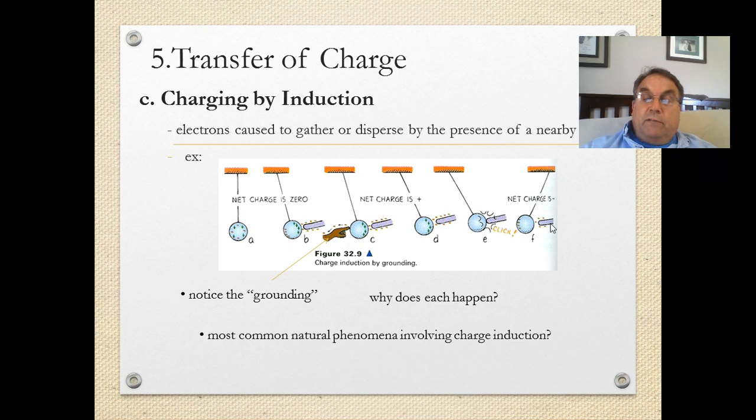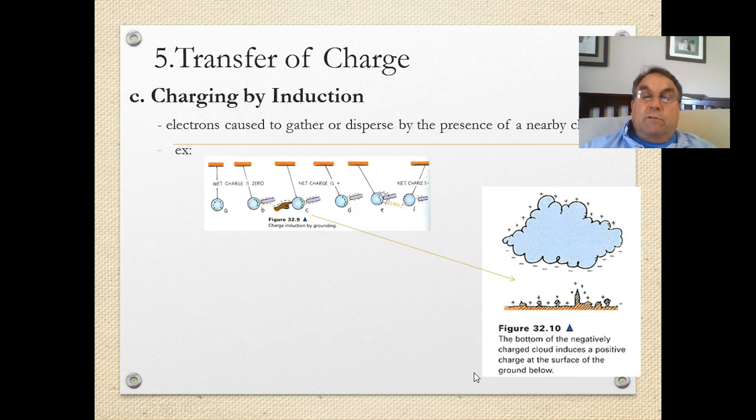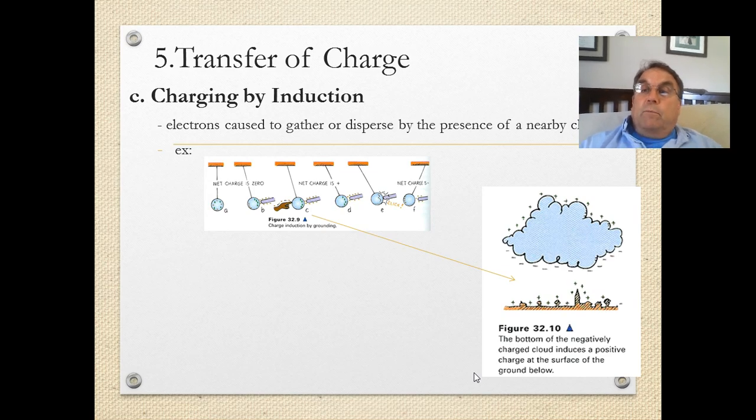So the most common natural phenomenon involving charge induction, which happens thousands and thousands of times each day, is the production of lightning. Lightning is one of the most common natural phenomena on Earth. It happens way more often than we realize.